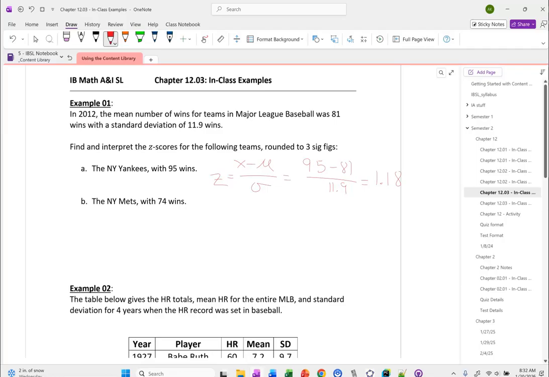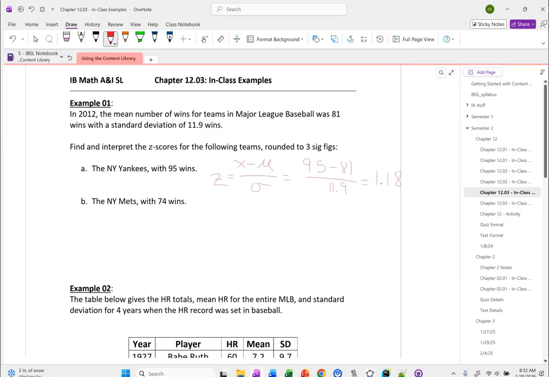So there's no unit on that, just as a heads up. What that's saying is that the Yankees' win total was 1.18 standard deviations above the mean, which should make sense if you look at the Yankees won 14 more games than average, and the standard deviation is about 12. So that feels like it makes sense to me.